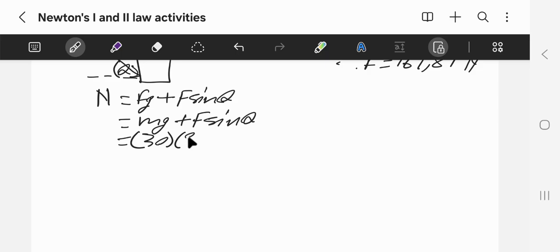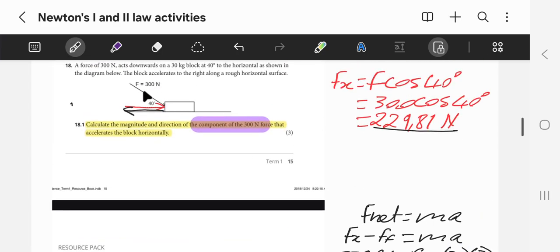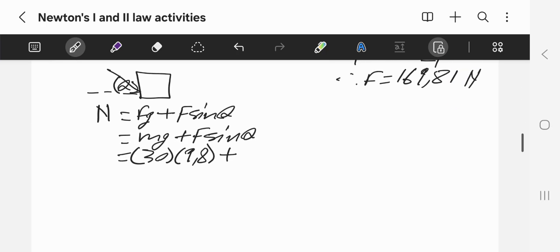And this g is going to be 9,8 plus this F, which F is this one. That F is this force here, the F applied at an angle. And so we will put it here to say it's 300. Then we have sine. What about this theta? This theta is 40 degrees. And our answer we'll get on our calculator.